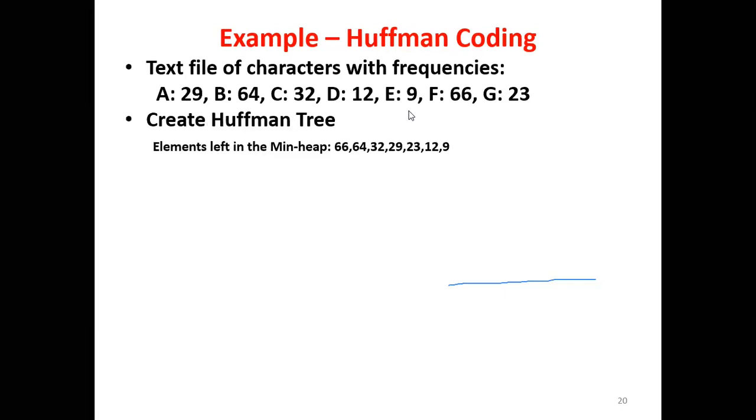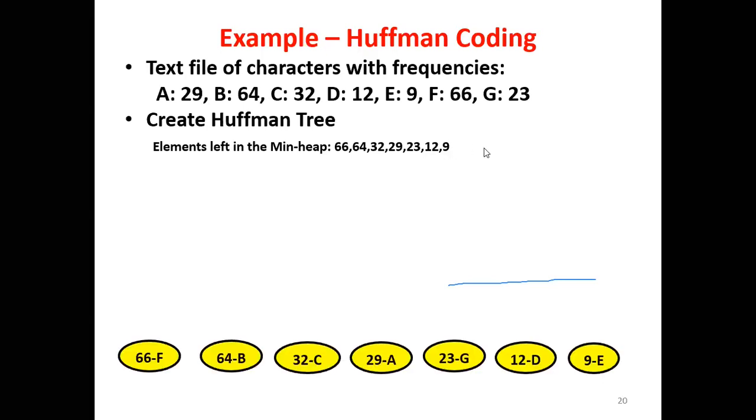We do that by starting from the left to create a min heap. The highest is 66, followed by 64, so we arrange them in ascending or descending order. Once we are done, we bring them, the way they have been arranged, to form the leaves of a tree.